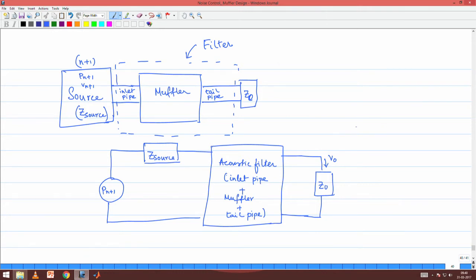So, the conclusion would be that if mod V0 is minimized for a given P(n+1), what is P(n+1)? P(n+1) is the structural force which basically excites the vibration of the source, and that vibration of the source in turn excites the acoustics in the medium, right.